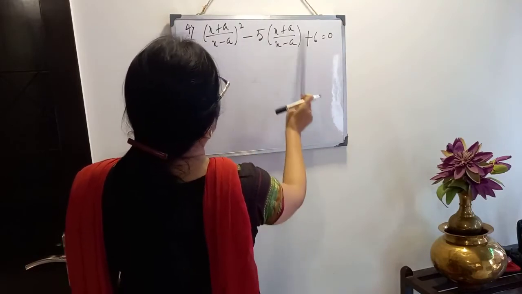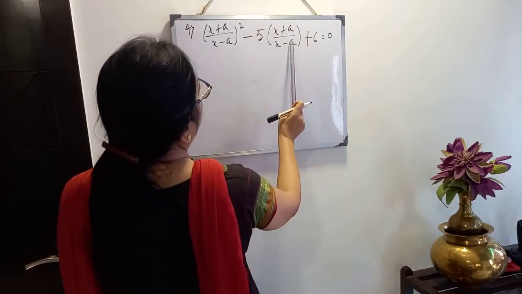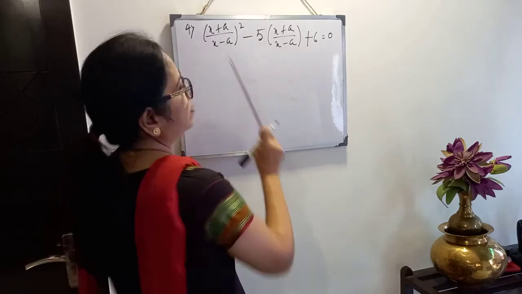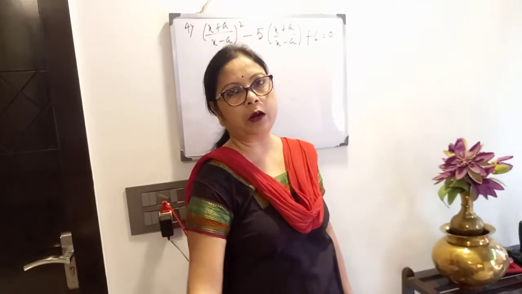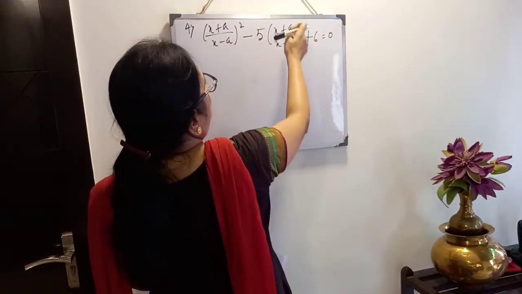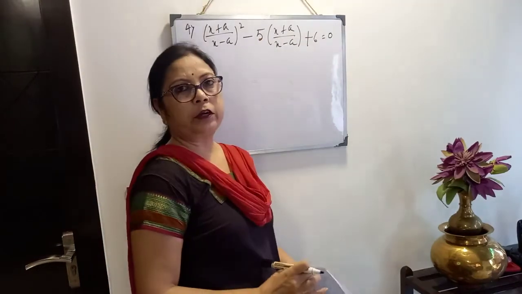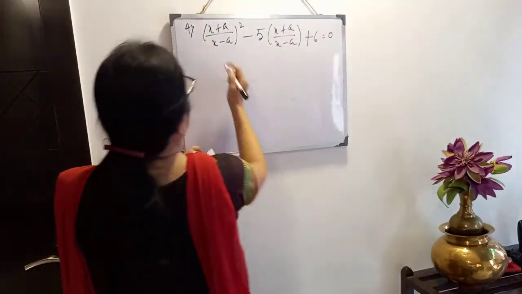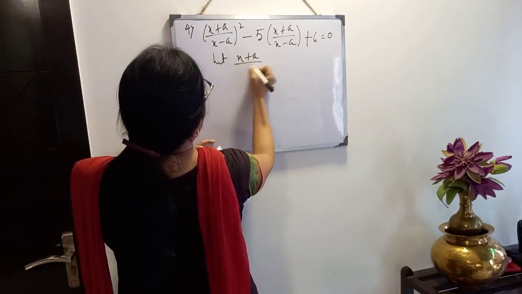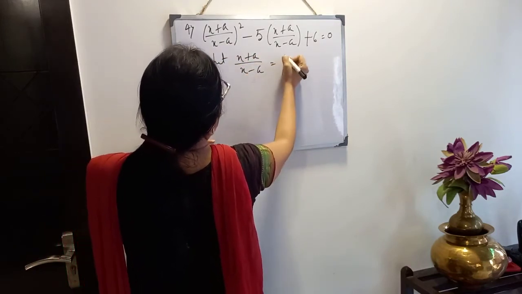There is also the same x plus a by x minus a. So if we consider x plus a by x minus a equals to another variable p or m etc., then it will become the same, as it is not the inverted fraction of that. Clear?